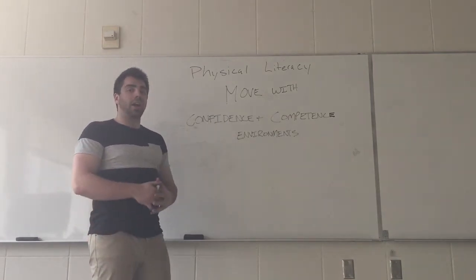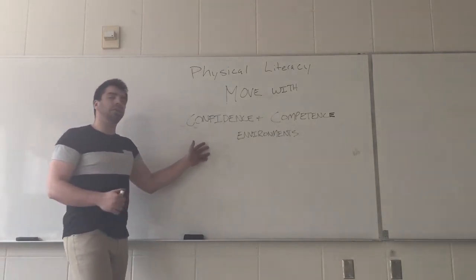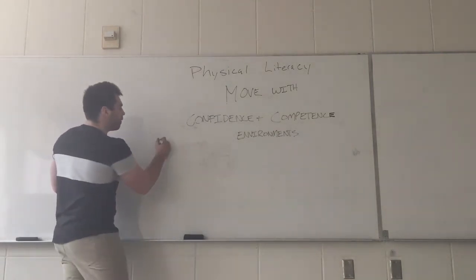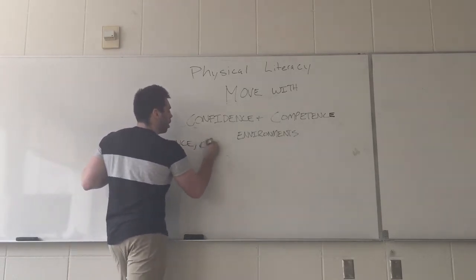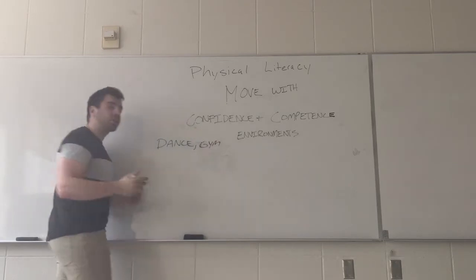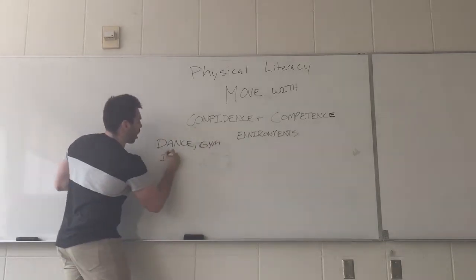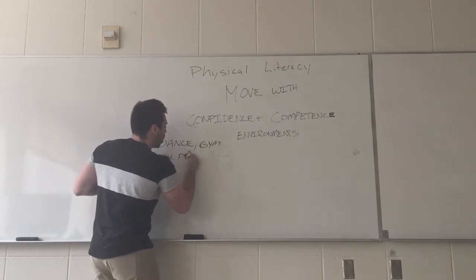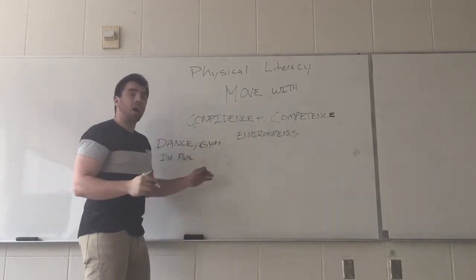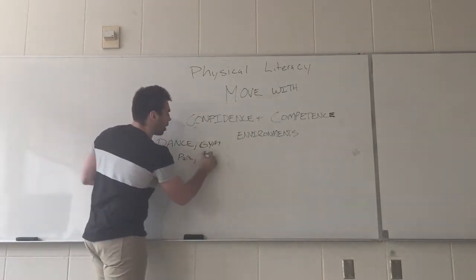So when we talk about phys ed, our multiple environments include our dance environment, our gymnastics environment, as well as our individual pursuits such as track and field events like 100-meter or long jump. Next, our category is games.